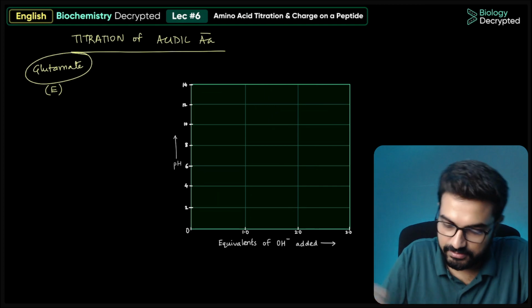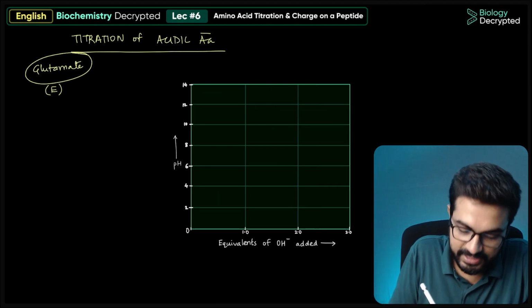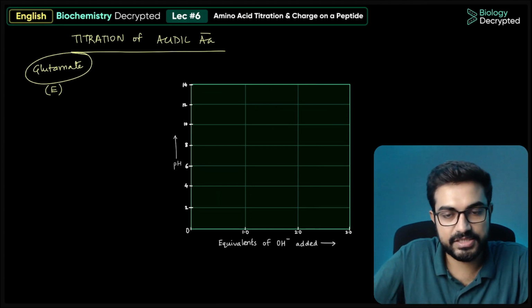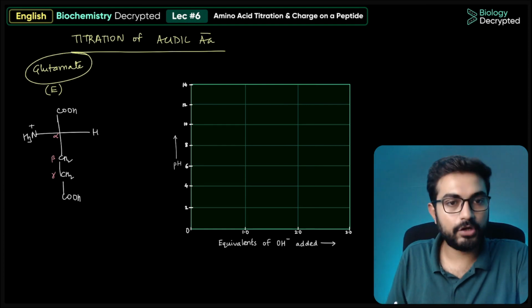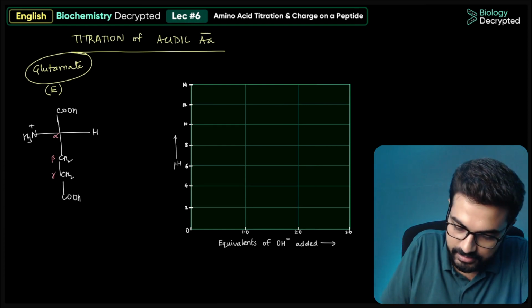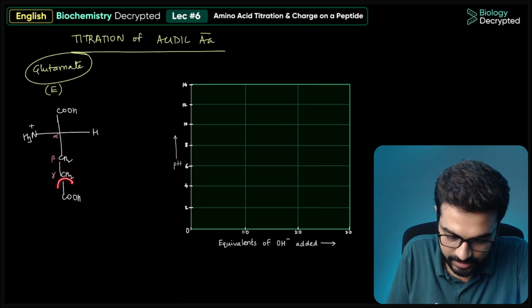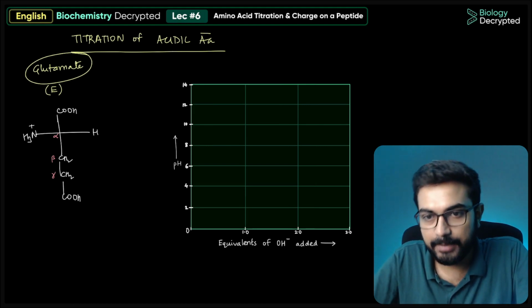This is your alpha carbon, this is beta carbon, gamma carbon. I hope you can see the structure. So this is the structure of glutamate. To this gamma carbon we have a carboxylic acid group attached, and therefore it is called a gamma carboxylic acid.